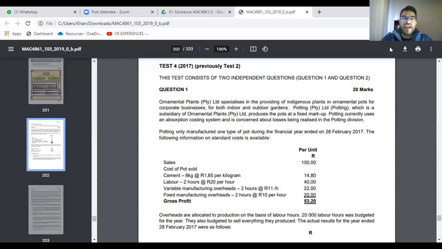They provide a service to corporates and businesses whereby they provide plants, indoor plants and outdoor plants in pots. Okay, so I'm pretty sure you've seen companies have plants in their business and then outside of their business as well. And you'll see companies coming in to water it and all of those type of stuff. Generally, it's a plant company that does this.